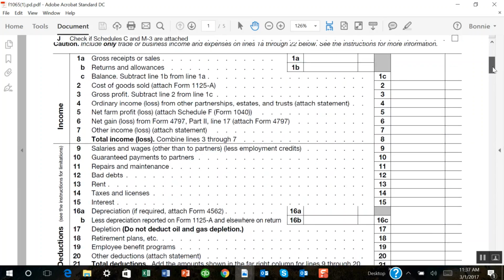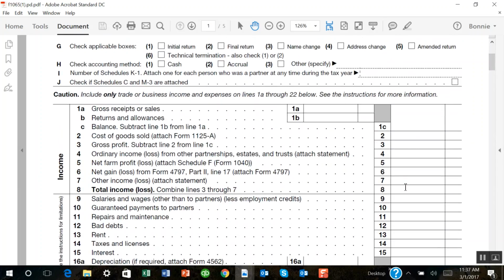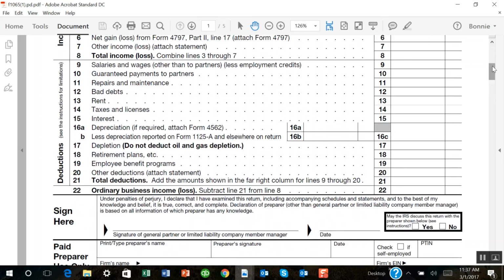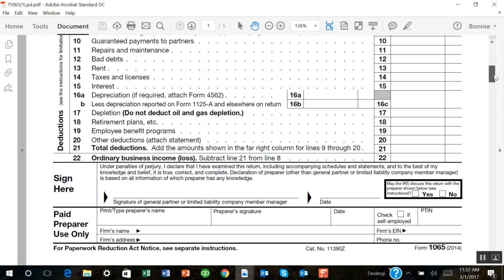So you would add all of the items of income that are ordinary in nature, and you would subtract from that all of the deductions which are ordinary in nature. And then you come up with this bottom line figure, ordinary business income, okay, which is its net income.